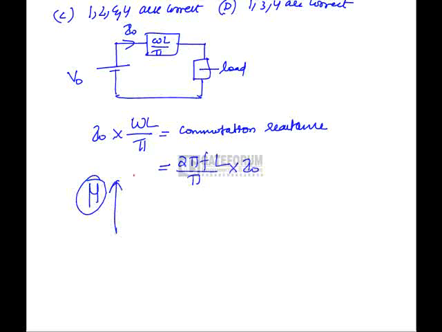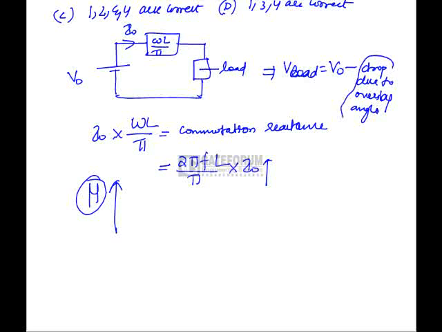increased. Now if you increase current I naught, what happens here? Output voltage across load is equal to V naught minus drop due to overlap angle. This overlap angle will depend upon this product.